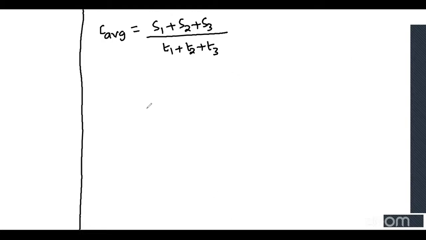So we have the formula for average speed. If we have 2 intervals, we write up to S1 plus S2 only.